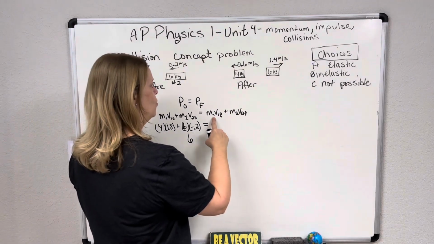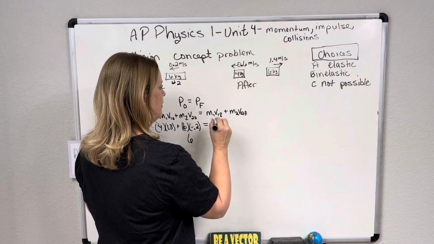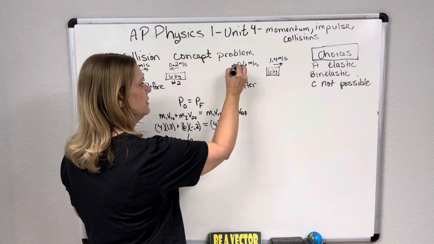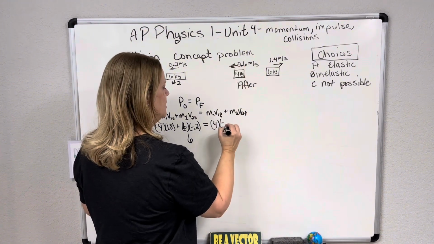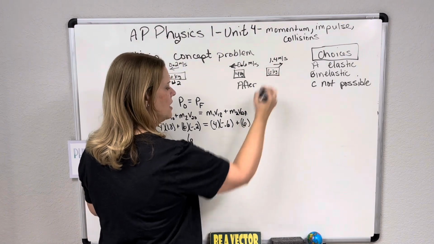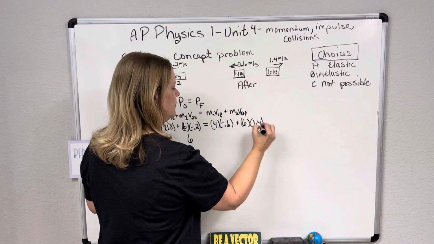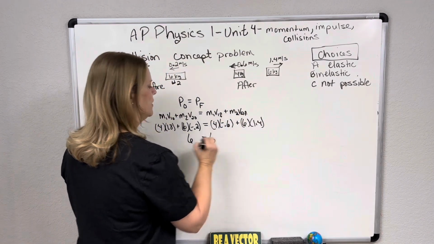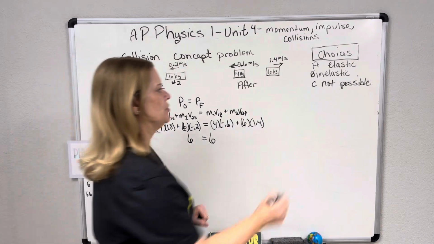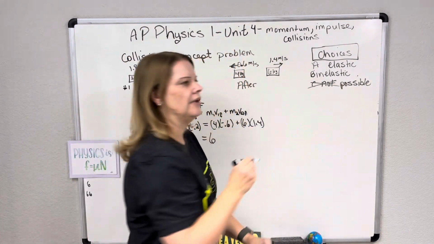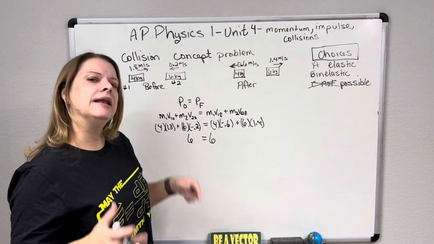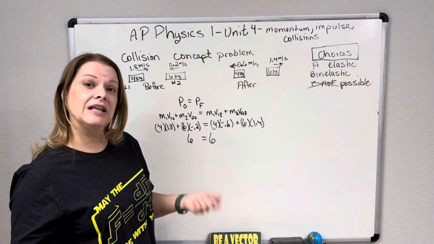Then I have M1 V1 final, so that's going to be 4. Watch that again, that's going west, so that's a negative 0.6, plus 6 kilograms times 1.4 to the east, positive. And that's going to be 6. 6 equals 6. And yes, it is possible. So we know this is not correct. It's at least inelastic.